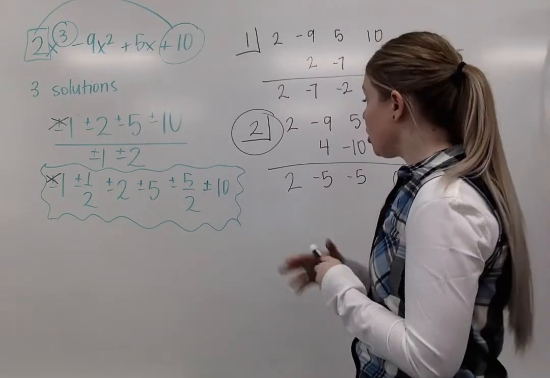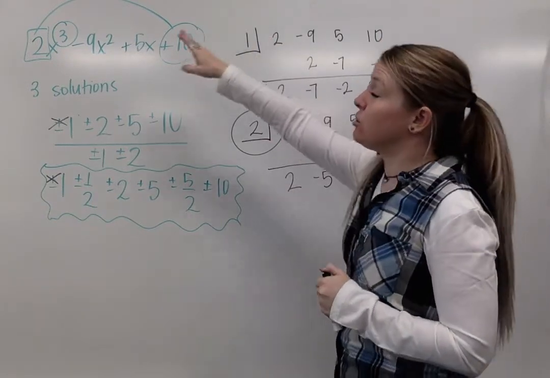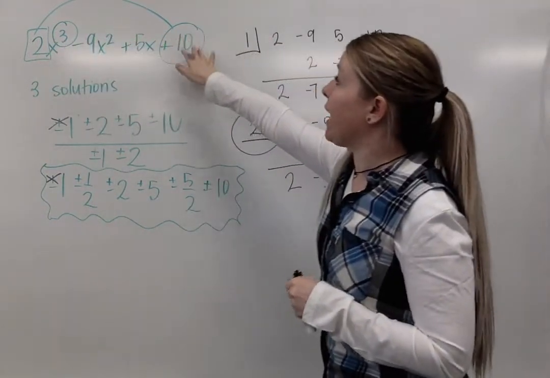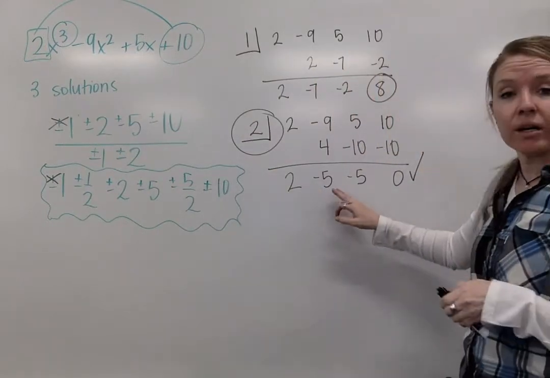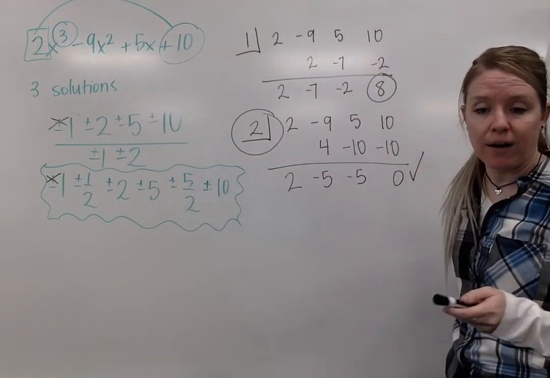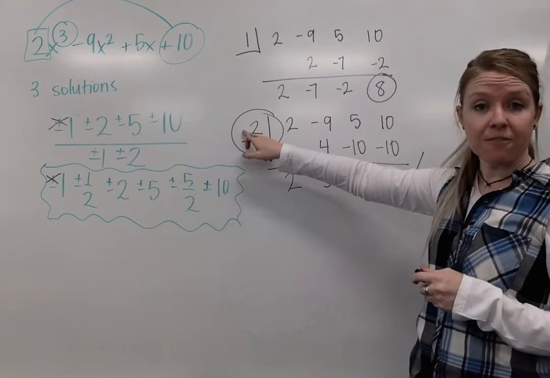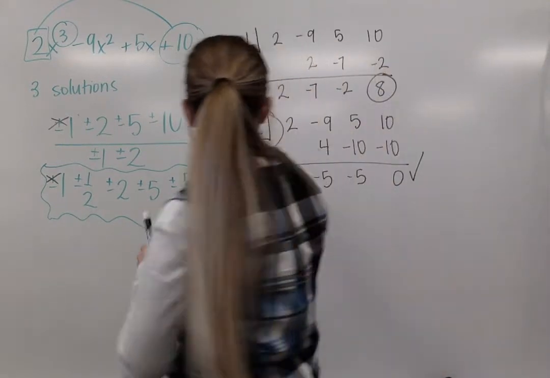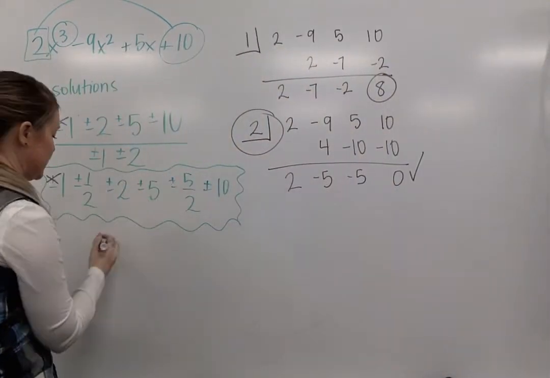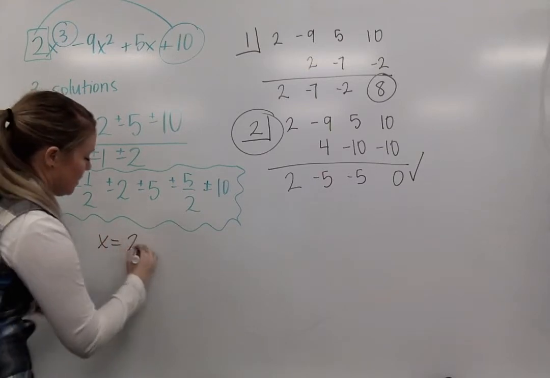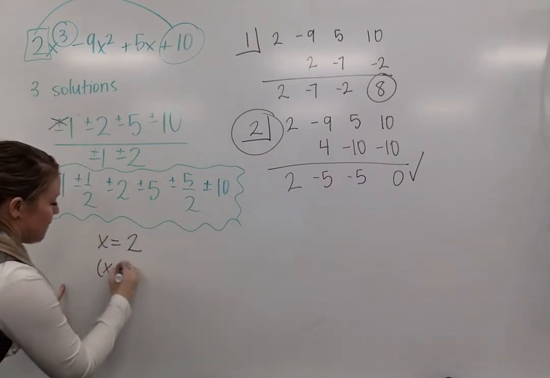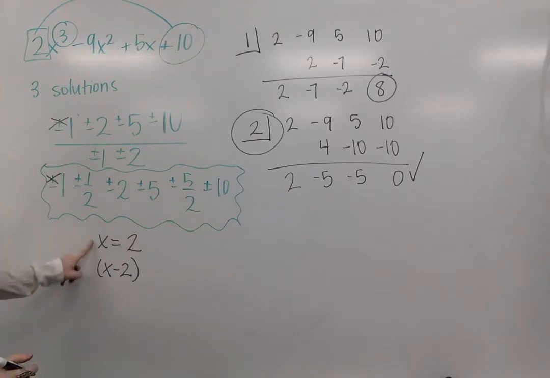From here, we're not going to go back to 2, -9, 5, and 10. I could keep working with 2, -5, and -5. Once we know x equals 2 is a solution, that is the same as the factor x minus 2.